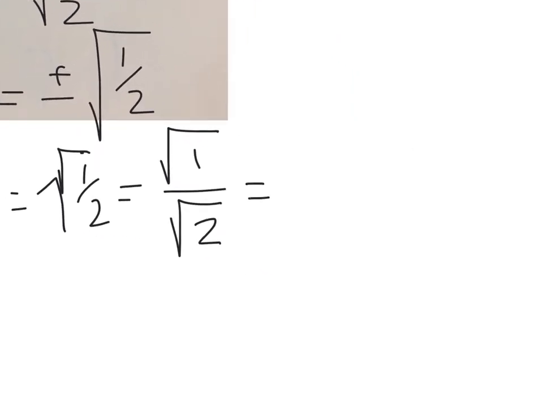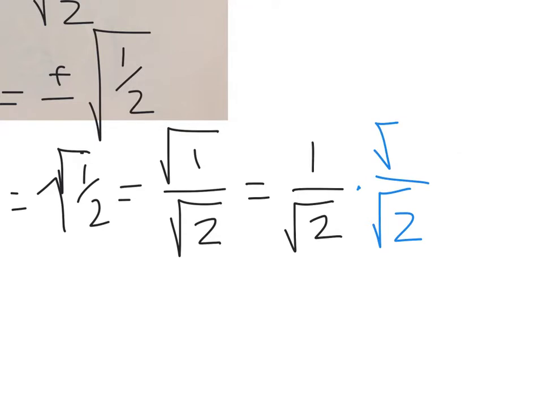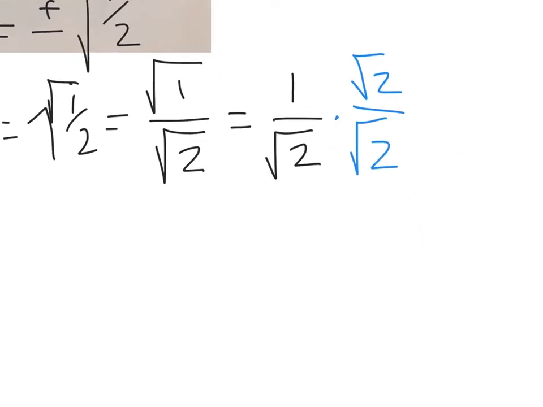The square root of 1 in the numerator is just 1, and then root 2 has to stay on the bottom, which probably is not on your unit circle either. But if we rationalize this, that's what it's called when you do it, we get positive and negative root 2 over 2.